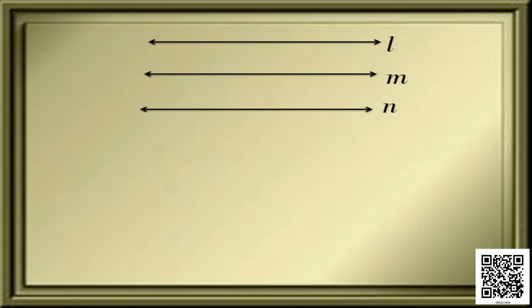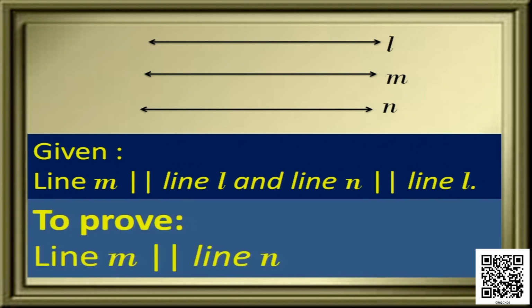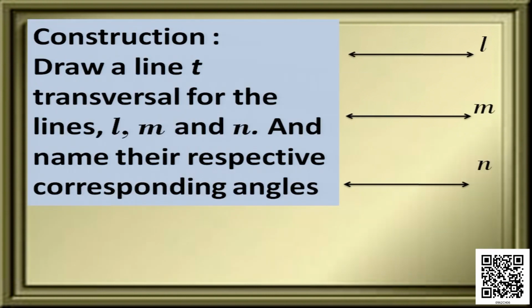Let's look at this figure. Line M is parallel to line L and line N is parallel to line L. Now what do we have to prove? We have to prove line M is parallel to line N. Now we have to construct something to prove this. What is the construction?